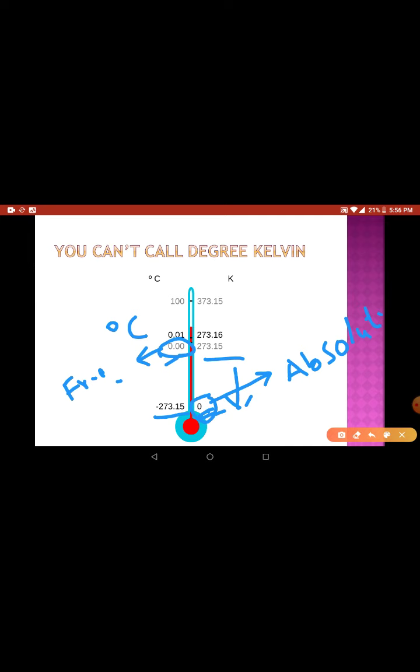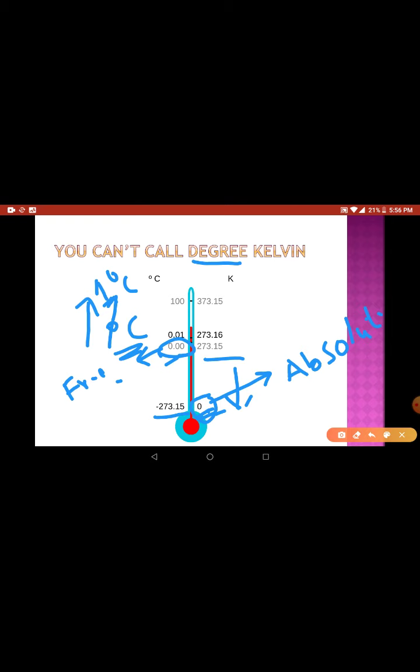That is why we do not use the word degree. When you use a proportionate scale like Celsius, we use proportionate values. So when you say you have moved from 0 degrees Celsius to 1 degree Celsius, your energy is increased somewhat, right? But not exactly from 0 to 1.